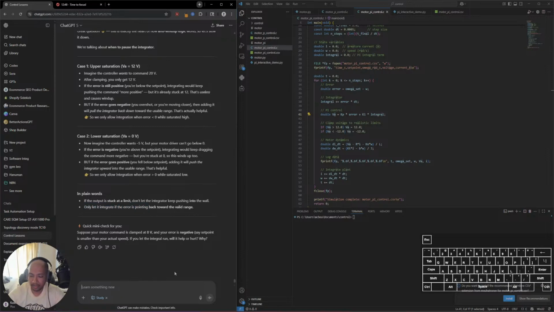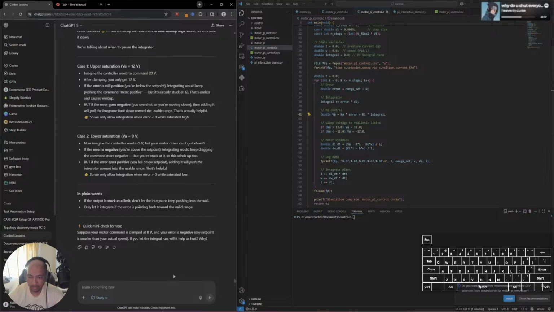Suppose your motor command is clamped at 0 and your error is negative. Say set point is smaller than your actual speed. If you let the integrator run, will it hurt or help? So my motor command is clamped at 0, but my error is negative, which means it's overshot.